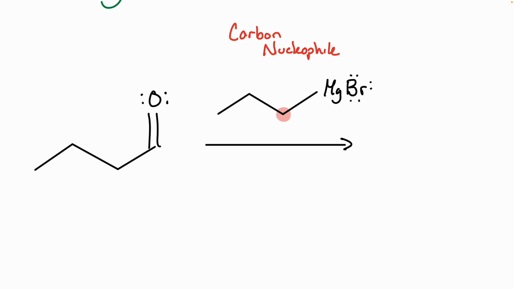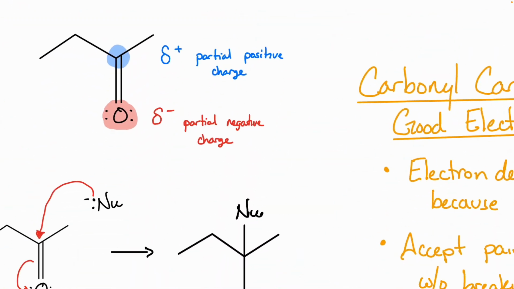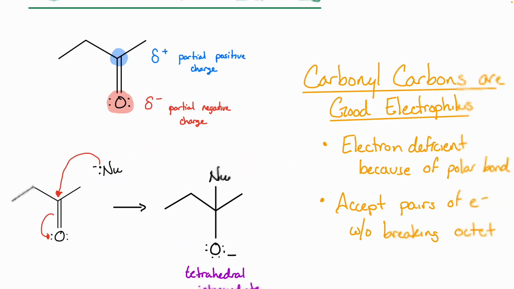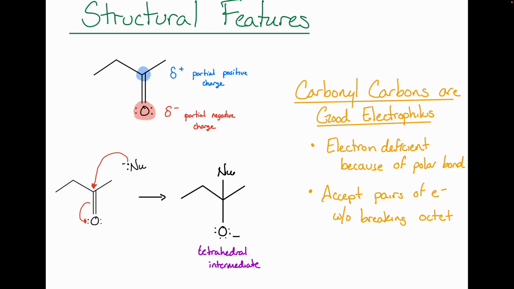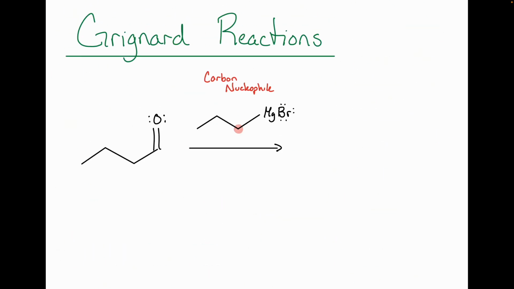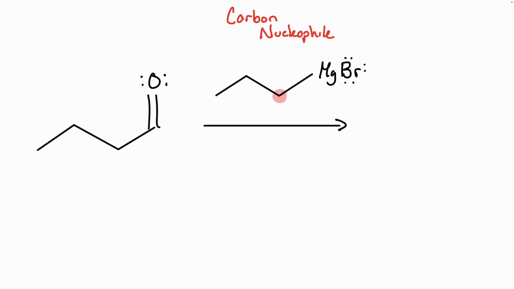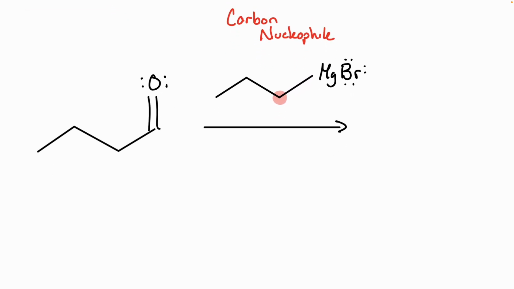And what's our electrophile? Remember at the very beginning, what did we say about the structural features of aldehydes and ketones? Our carbonyl carbons are good electrophiles. You want to have that phrase burned into your mind, electrophilic carbonyl carbon, because that's what we're going to see over and over and over again.